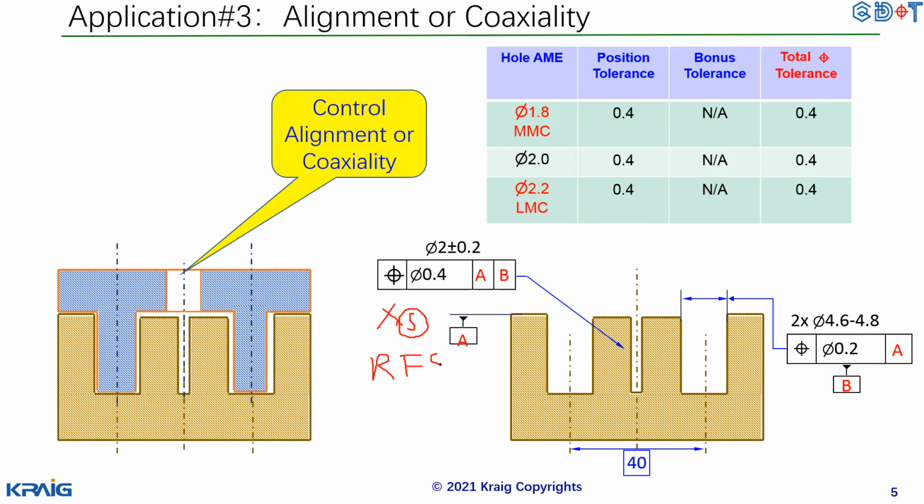That means it doesn't matter how big or how small this feature size is, this position is always 0.4. So if the function is for a fixed position, or coaxiality, or alignment, in that situation, we put nothing here. No modifier should be used. That's why you can see here, the size is changed, but the position is exactly the same.